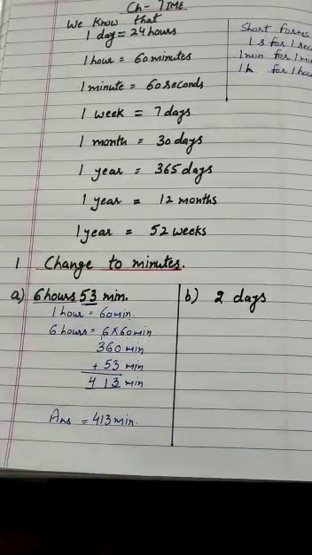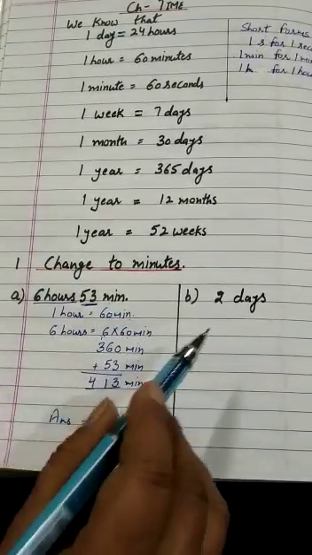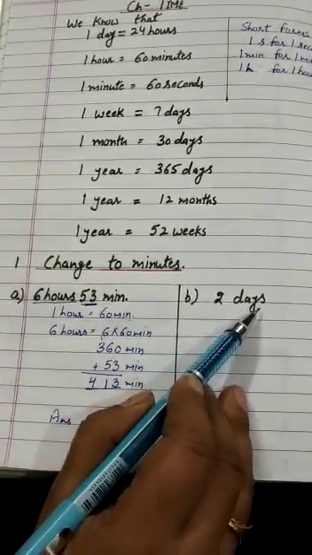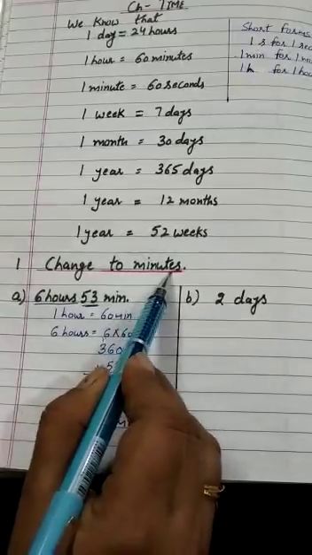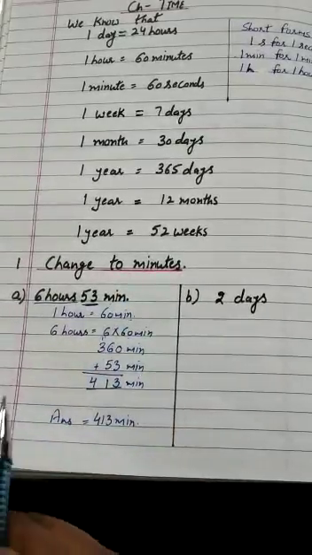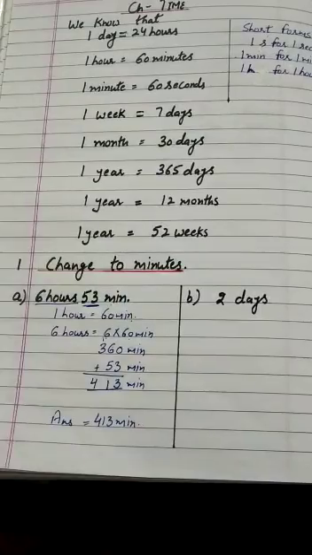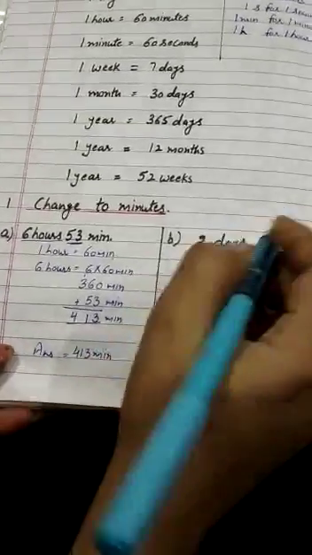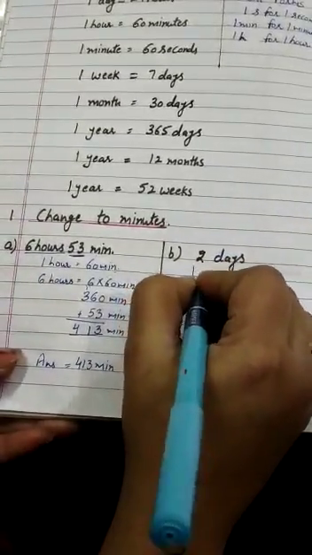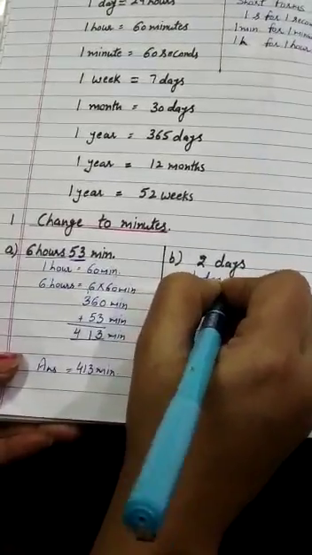Okay. Now, see another example. Here you have been given 2 days, and you have to convert these 2 days into minutes. Firstly, we will convert days into hours and then hours into minutes. Now, 1 day is equal to how many hours?